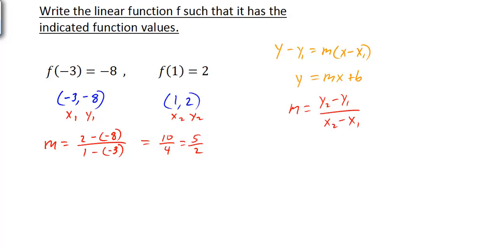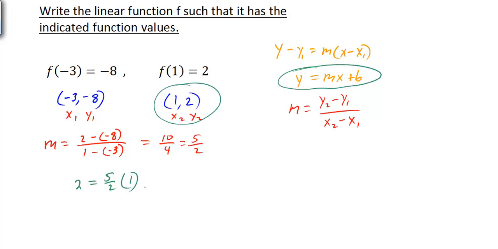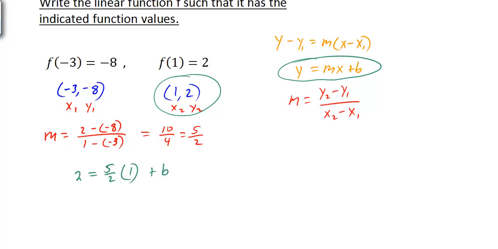So now I'm going to use the y equals mx plus b, and it doesn't matter which point, you could use negative 3, negative 8, but just so I don't have to have the negatives, I'm going to use the other point here, 1 and 2. So if I plug in, my y value is 2, so I would get 2 equals the slope 5 halves times our x value, which is 1, plus b, which we're trying to solve for.